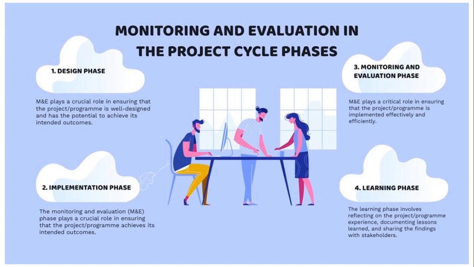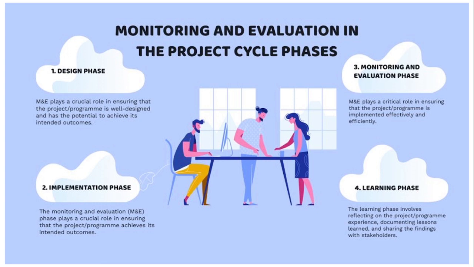Two is evaluation. Evaluating involves assessing the performance of the project against its goals or objectives and targets. This can be done at different levels, including process evaluation, impact evaluations, or outcome evaluations.